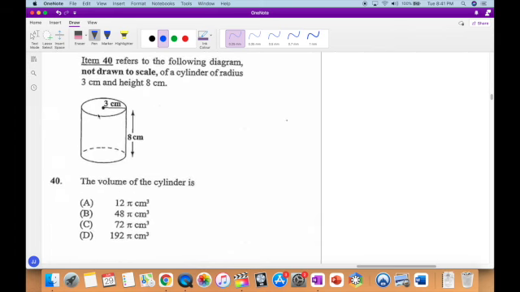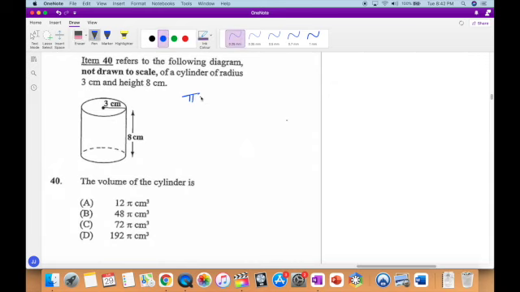Item 40 refers to the following diagram, not drawn to scale, of a cylinder of radius 3 centimeters and a height here. The volume of the cylinder is, so I have to find the area of here and then multiply it by the height. So the area is pi, and we can see here that they left the answer in terms of pi, so that means that I will not actually be using pi.